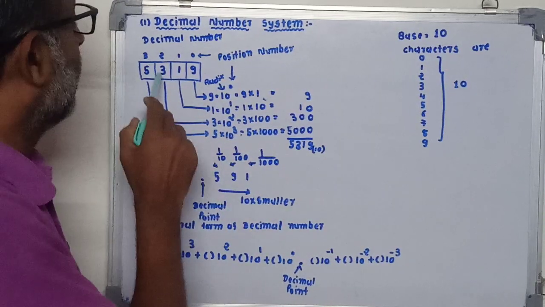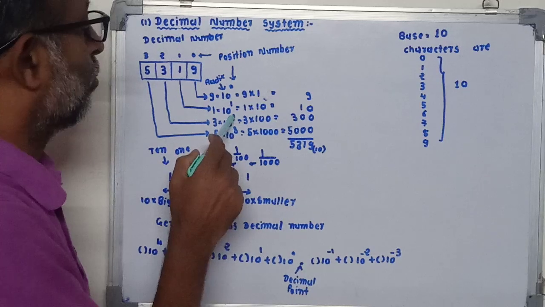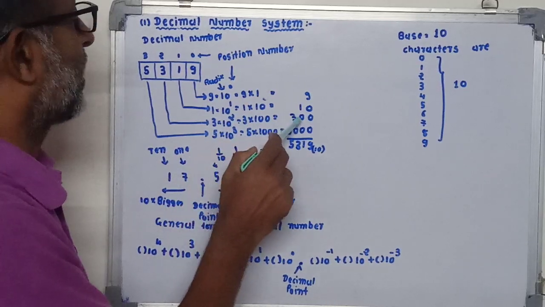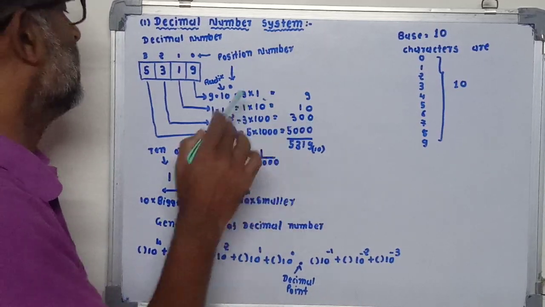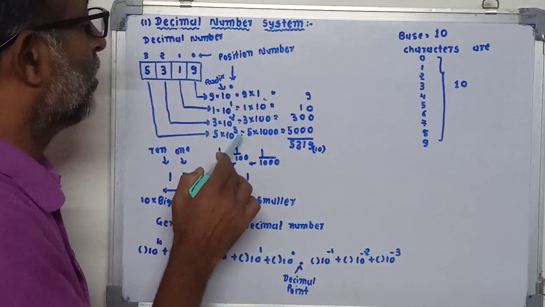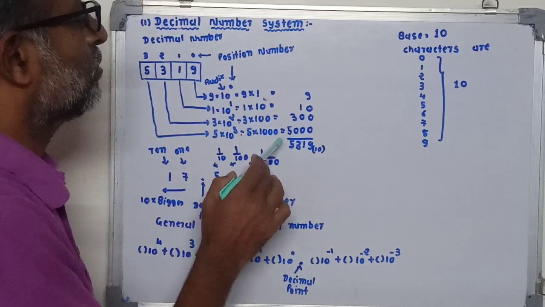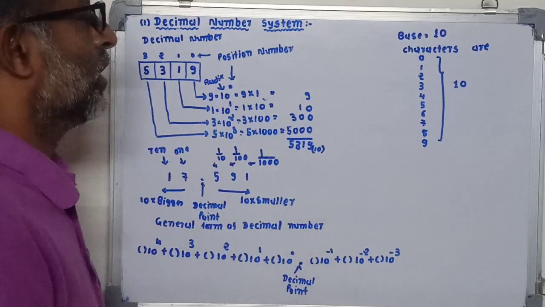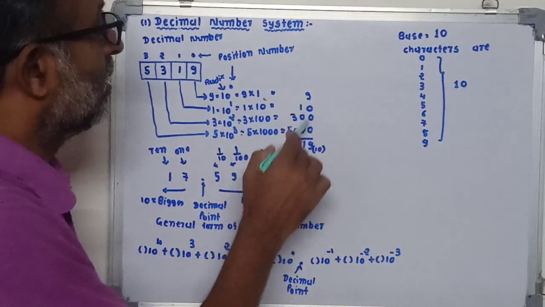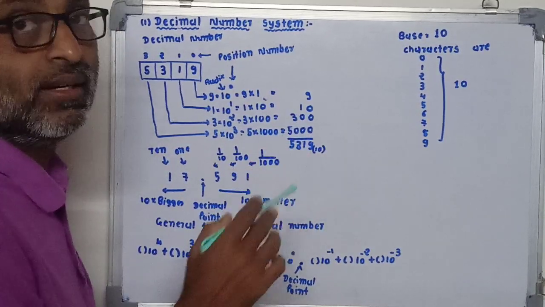Similarly 3 into 10 raised to 2, 3 into 100, that means 300. Similarly 5 into 10 raised to 3 is equal to 5 into 1000, which is equal to 5000. So when we add these numbers, we get 5319.